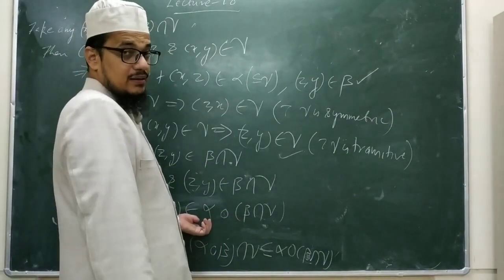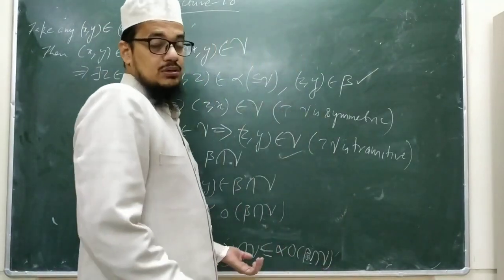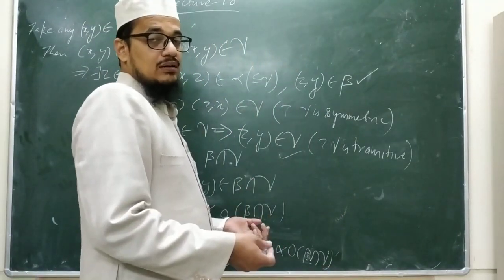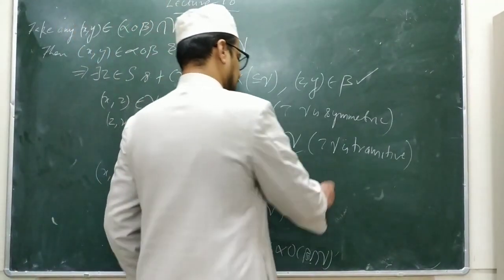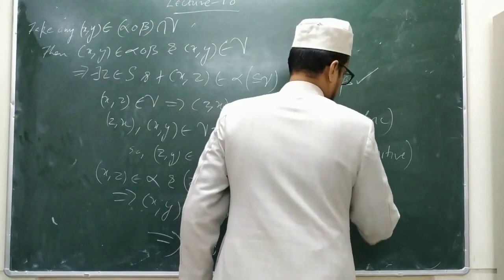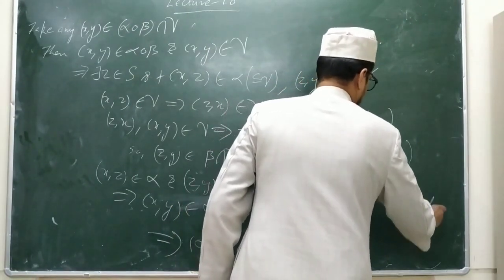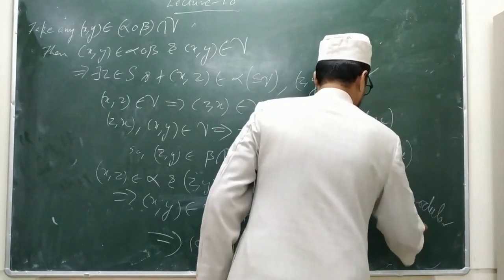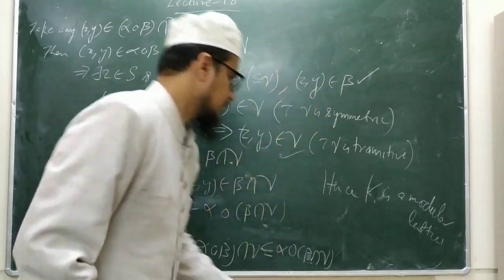So this is required. In this way we have proved that both these are equal to each other, and in this way K becomes a modular lattice. Hence K is a modular lattice. In this way it is proved.